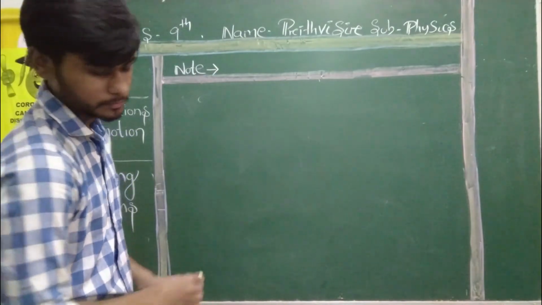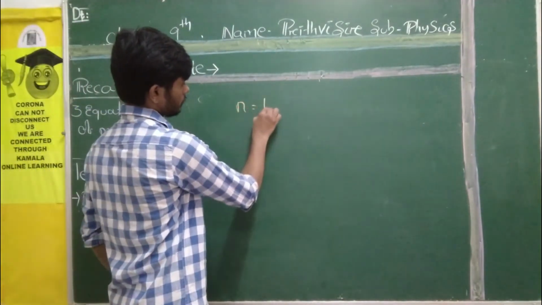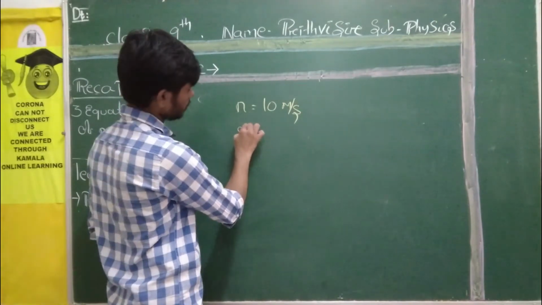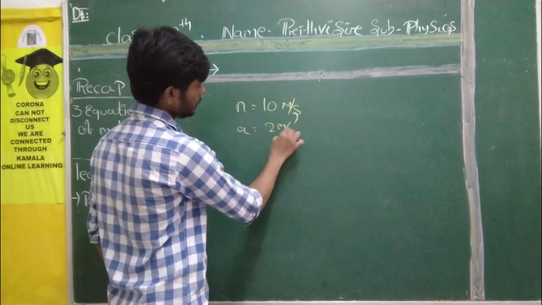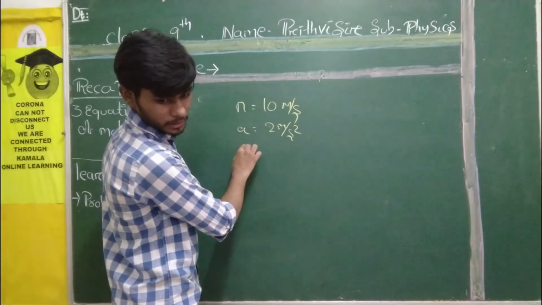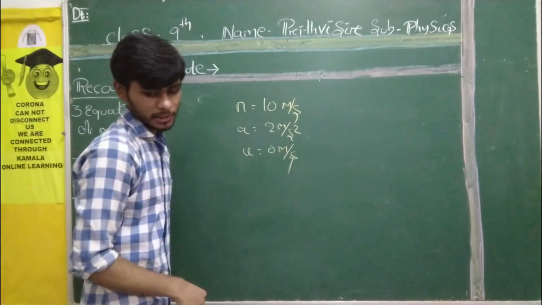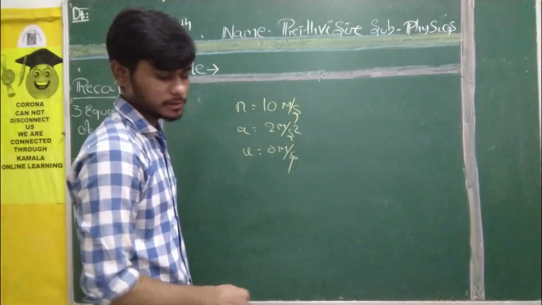First problem: n is equal to 10, a is equal to 2 meter per second squared, then u is equal to 0 meter per second. Then he is asking what will be your distance.